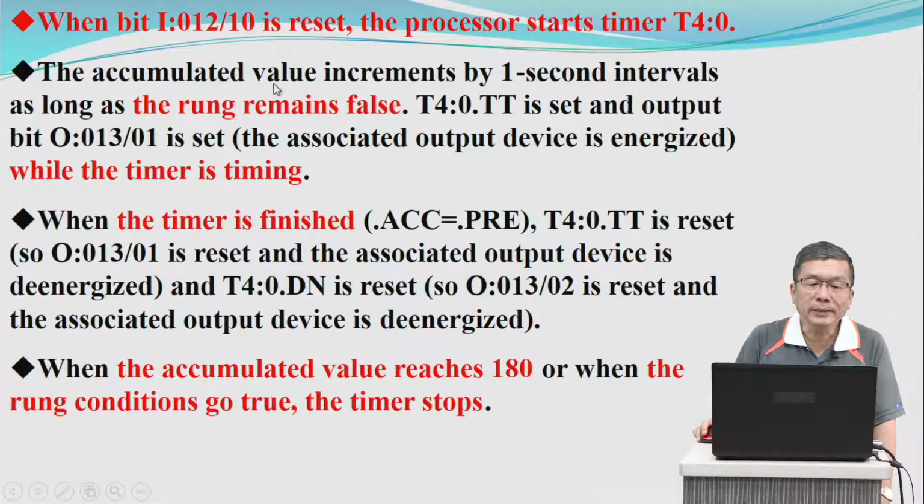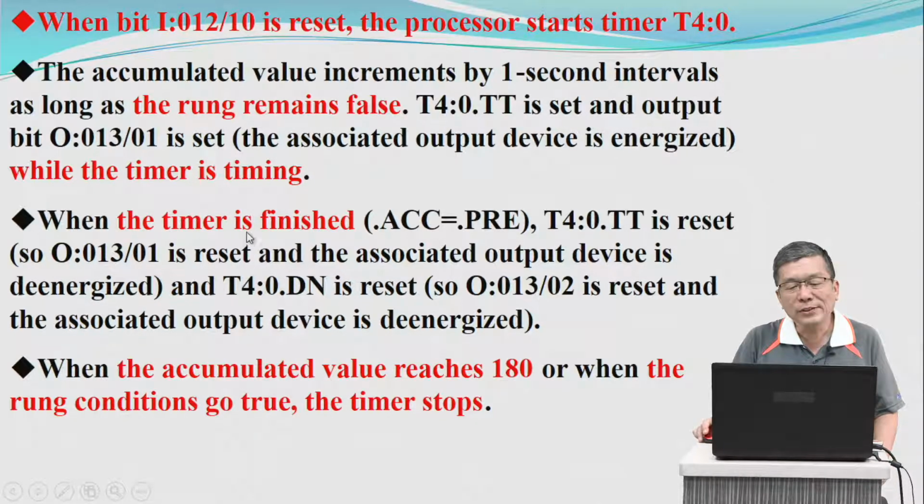The accumulated value increments in 1 second intervals, as long as the run remains false. T4:0.tt is set and output bit O013-01 is set. The associated output device is energized while the timer is timing.